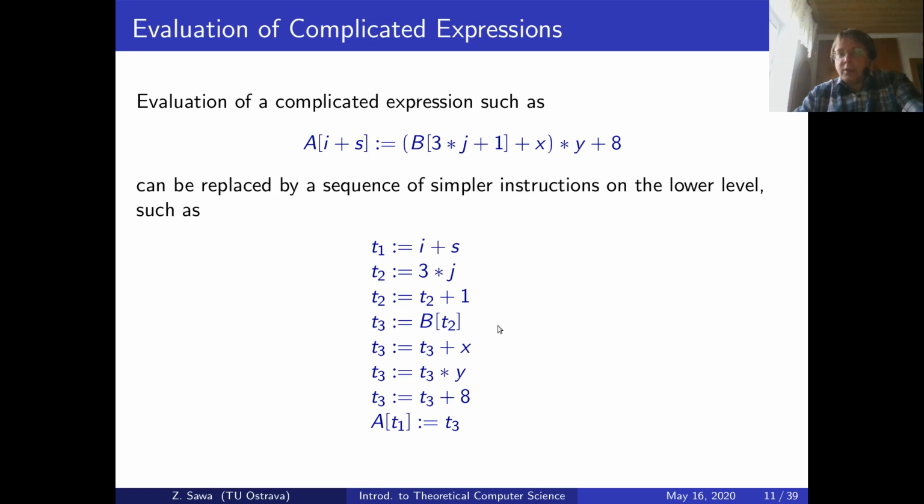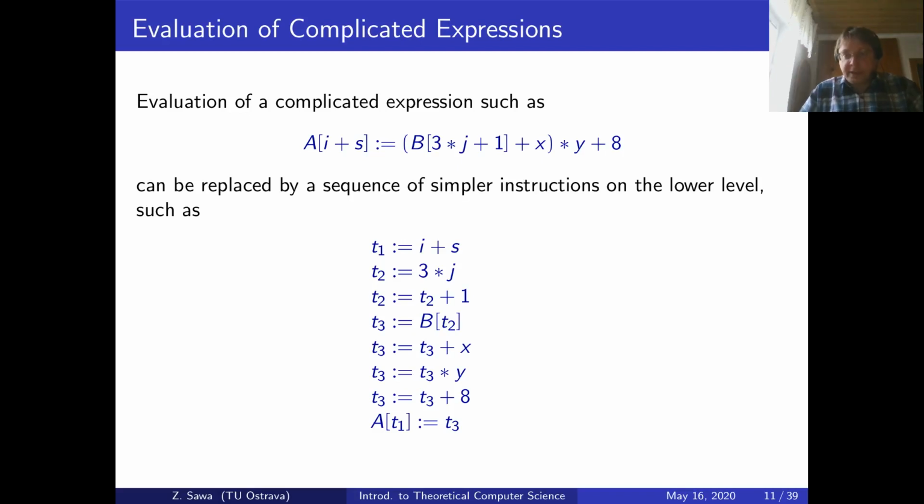I do not say that this is the most efficient way to compute it, but I just want to illustrate that we typically could decompose more complicated instructions into simpler constructions.